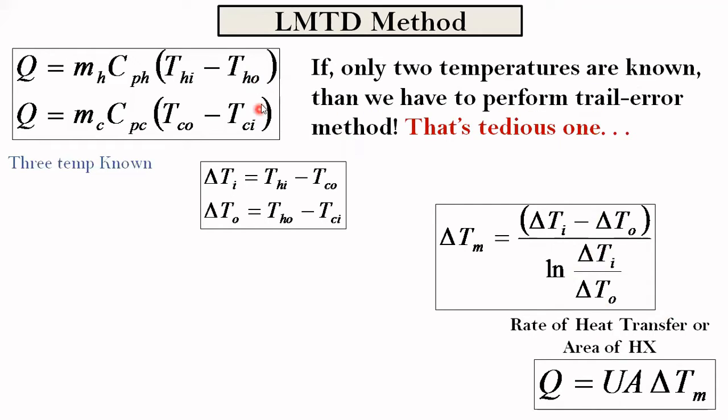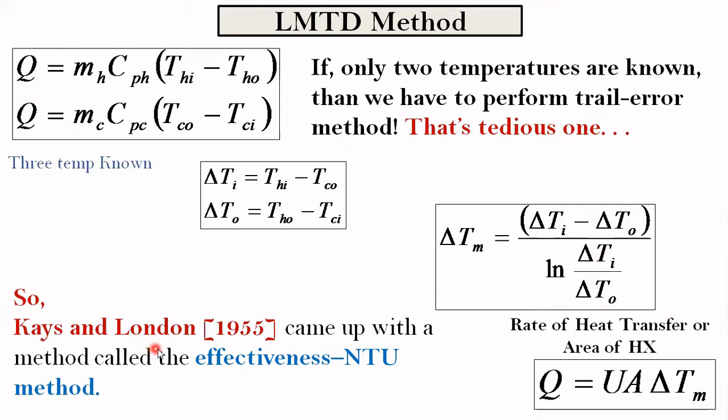Here we have to guess the values of the other two temperatures and equate these heat quantities by trial and error. That is tedious. So Kay and London in 1955 came up with the method called the effectiveness NTU method.